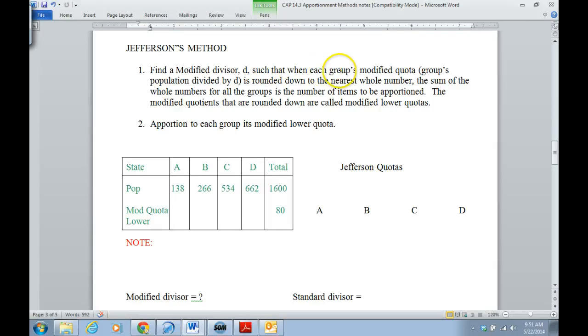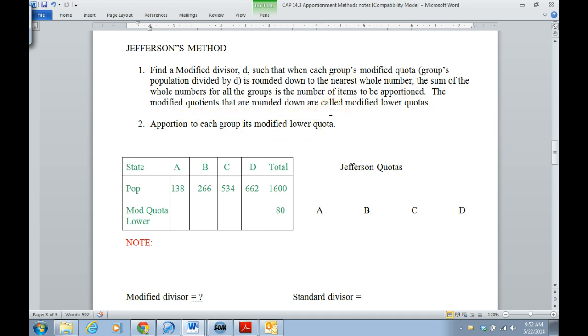Now, it is chosen such that each group's modified quota is rounded down to the nearest whole number. The sum of the whole numbers for each group is the number of items to be apportioned. The modified quotients that are rounded down are called modified lower quotas, and the number apportioned to each group is its modified lower quota.